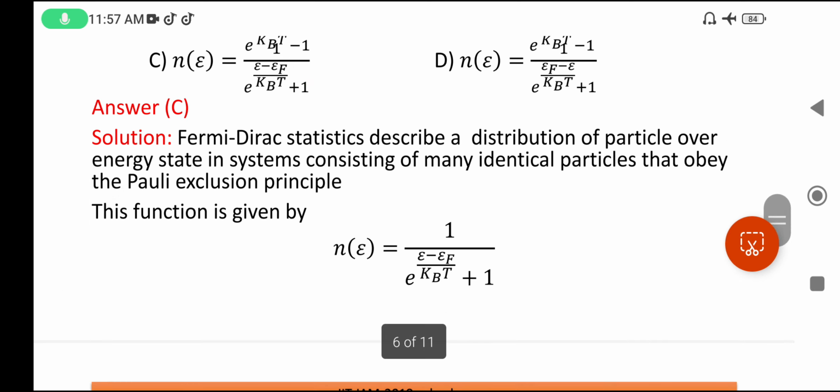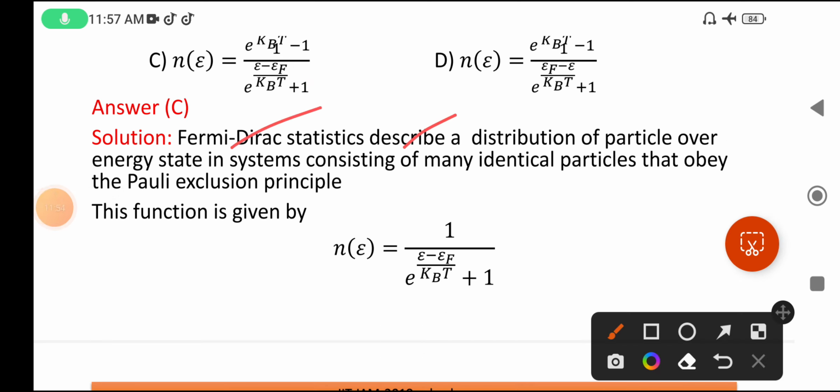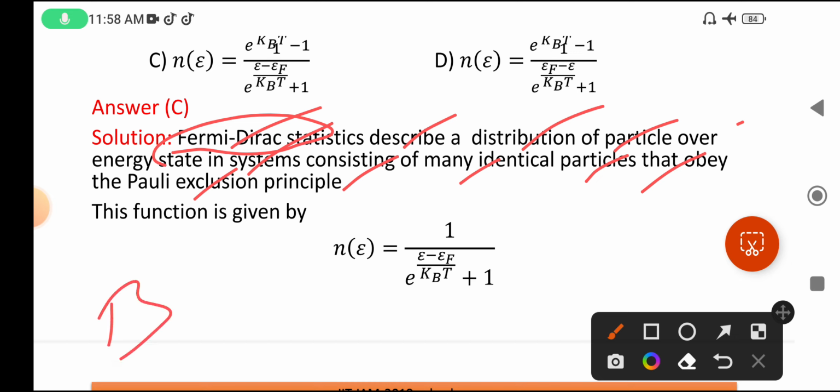Fermi-Dirac describes the distribution of particles over energy states in a system consisting of many identical particles that obey the Pauli exclusion principle. So Fermi-Dirac obeys the Pauli exclusion principle. Bose-Einstein cannot obey it, and Maxwell-Boltzmann statistics also cannot.